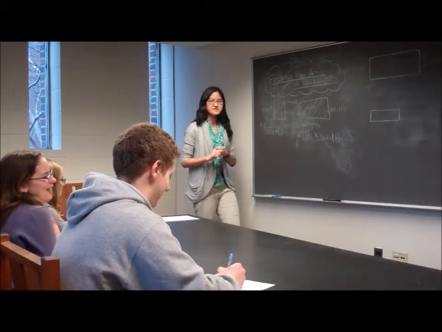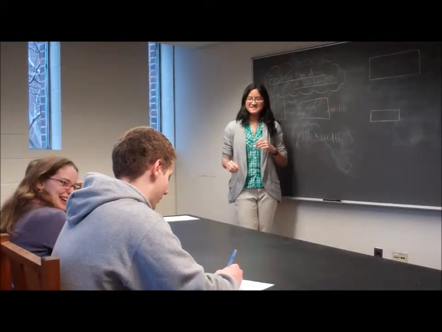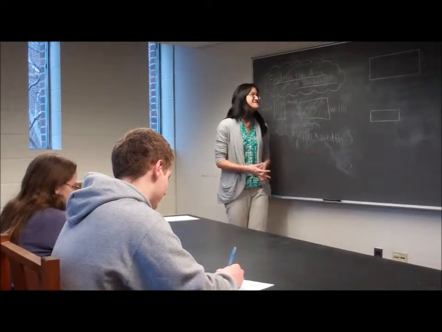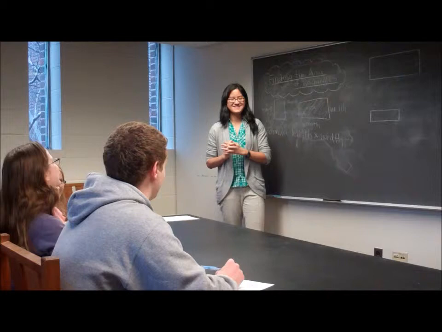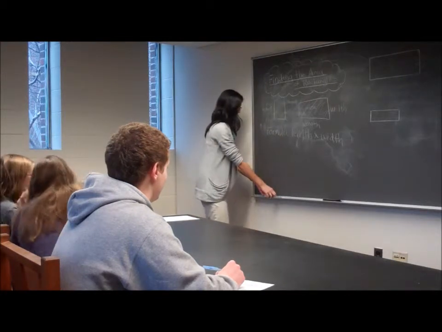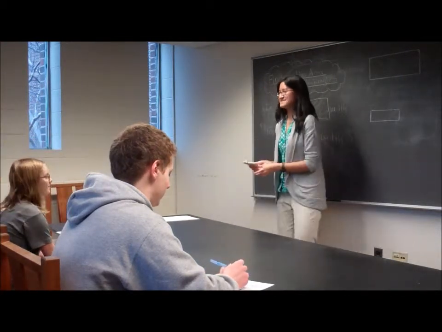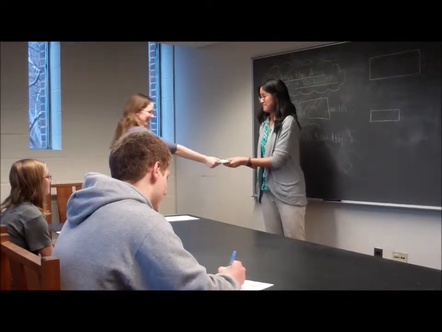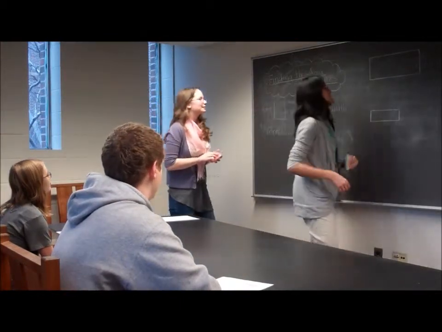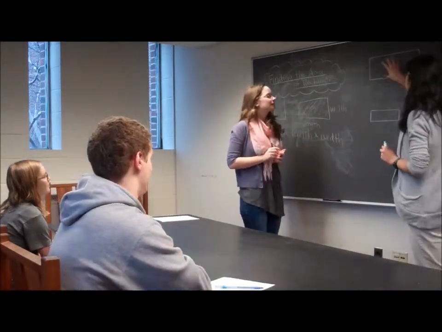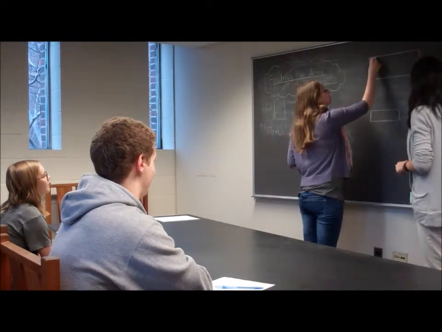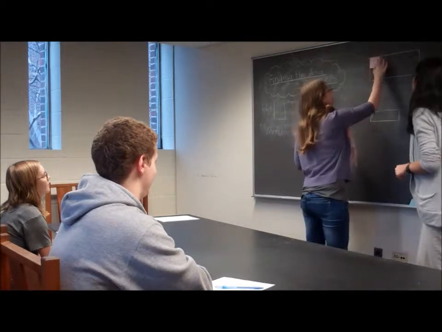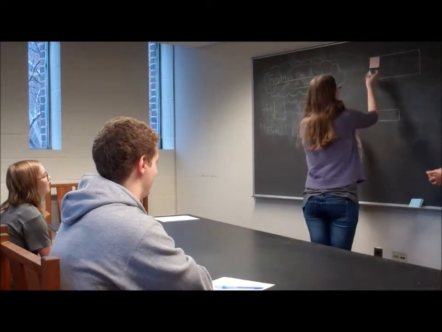Okay, so now we're going to try to visualize the area of a rectangle. So can I get a volunteer to come up here? Okay, sure, Ayla. Pick a color. Pink. Okay, so I would like for you to cover this rectangle with these squares.